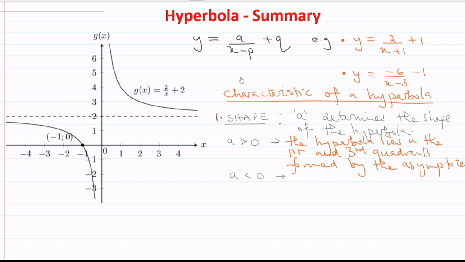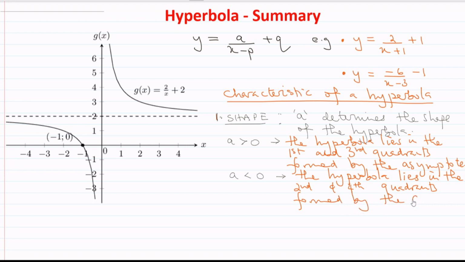It tells us that the hyperbola lies in the second and fourth quadrants. Sorry, not third, second and fourth quadrants, formed by the asymptotes.